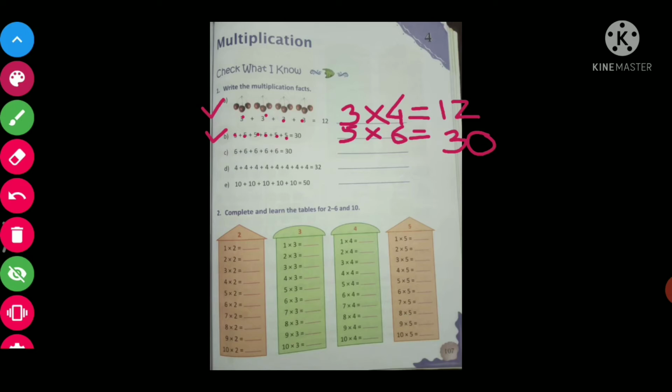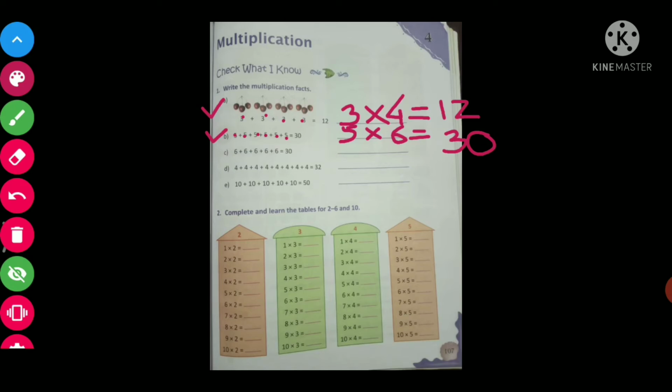First of all, see which number is written and how many times. We have to multiply the number with the times it occurs. As you can see, in the first one, 3 is the number and 3 occurs 4 times, so we multiply 3 with 4.